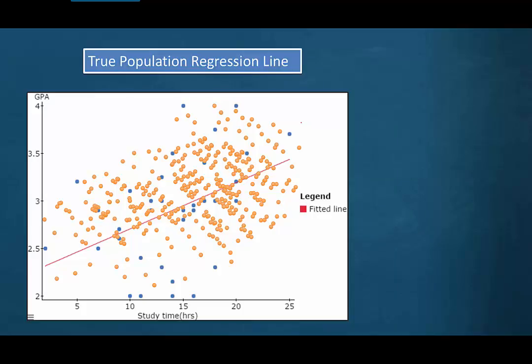So we can notate the true regression line. If we had the entire population, we would get a slightly different regression line, right? We can notate that with mu sub y equals alpha plus beta times x. Imagine this: each sample that's taken is going to have its own regression line with a slightly different slope and y-intercept.